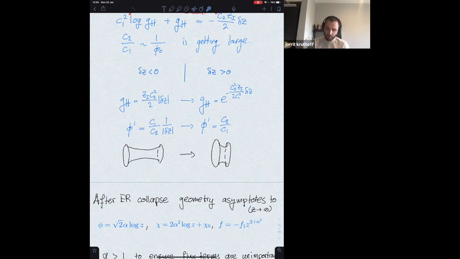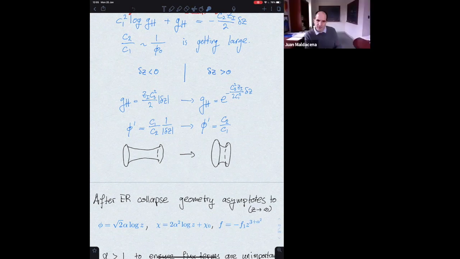Yeah, so this doesn't continue all the way. This exponential decay stops at a certain point, and then it goes over to a power law behavior.